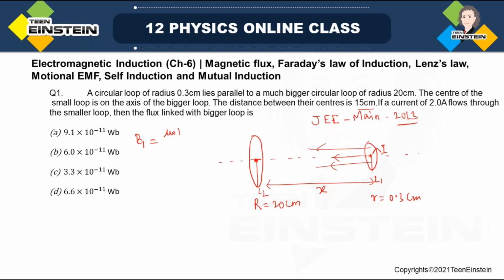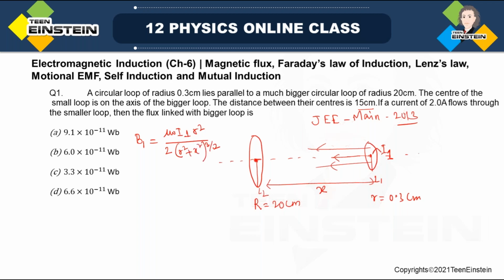So it will be mu0 times the current flowing through this, let us say this current is I1, so mu0 I1 times r square, radius square, divided by 2 times (r square plus x square) whole to the power 3 by 2.